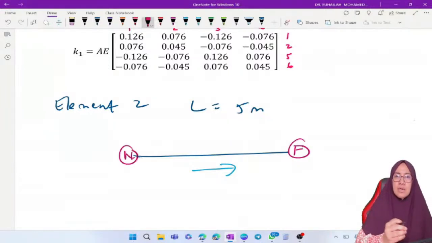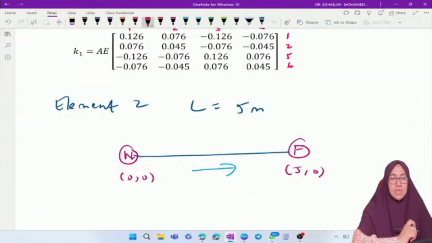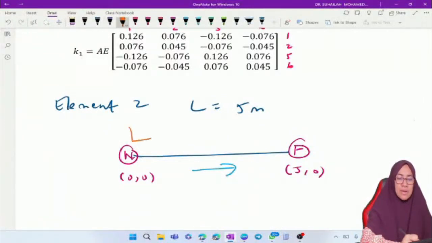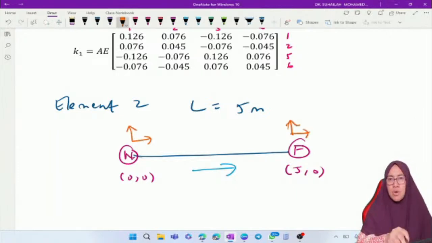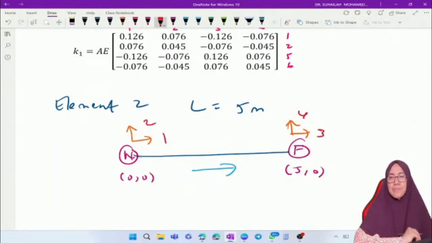Okay, the coordinates are 0, 0 and 5, 0. Okay, the degree of freedom, based on the arrow, is 1, 2, 3, 4.